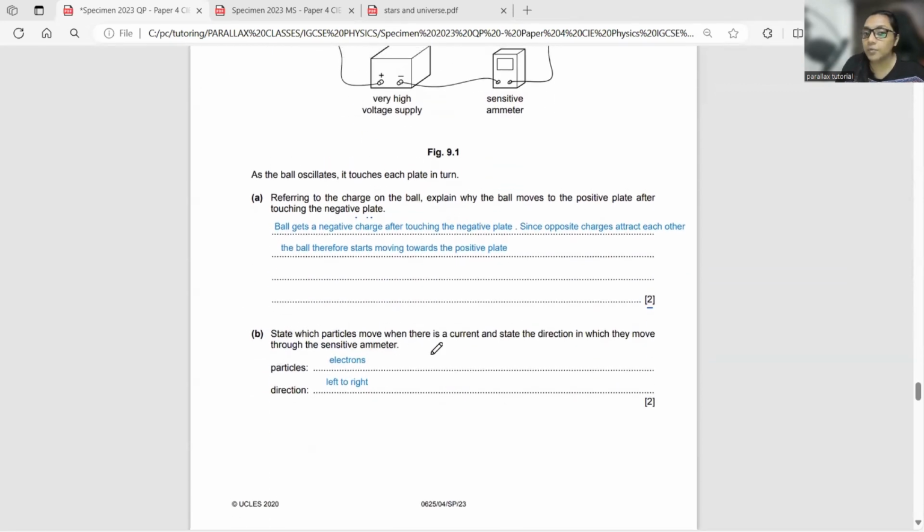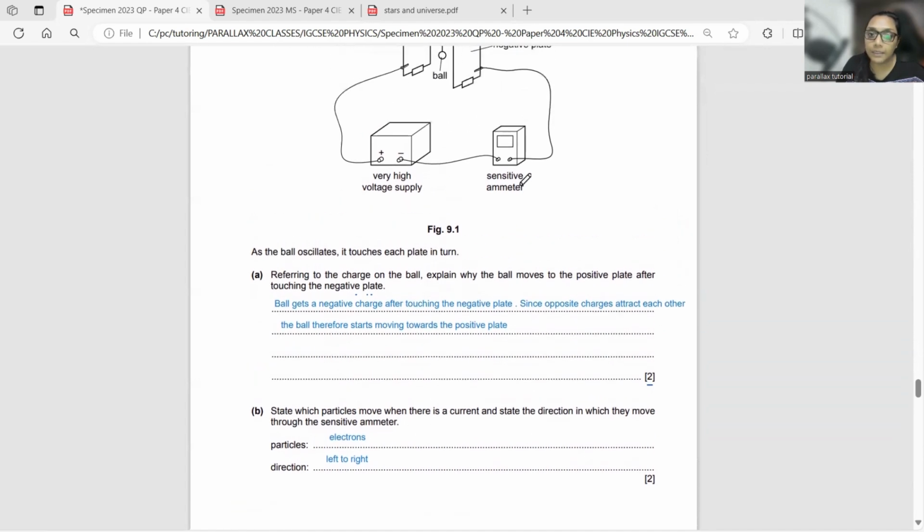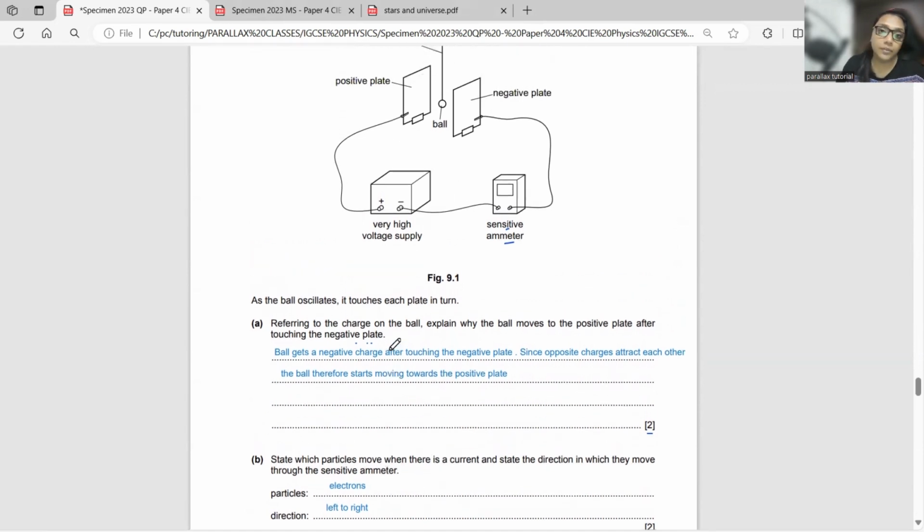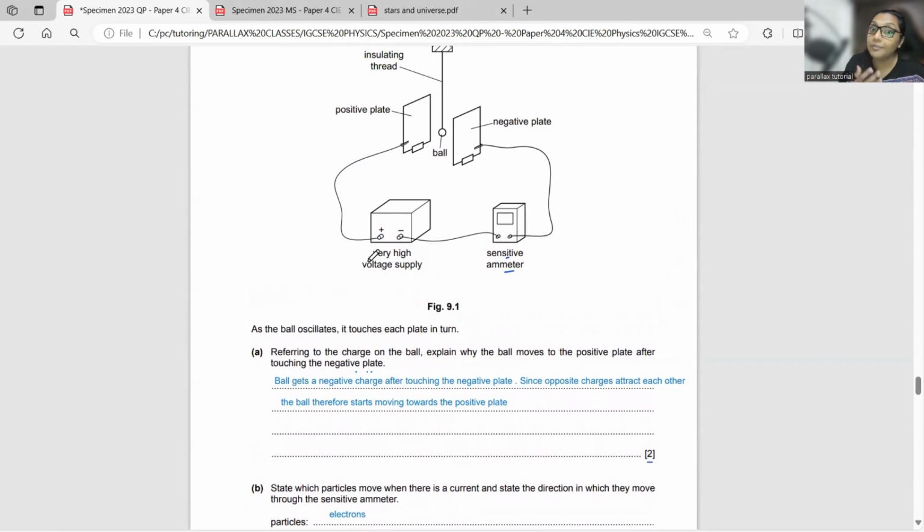State which particles move when there is a current and state the direction in which they move through the sensitive ammeter. This is the sensitive ammeter. Now, this is an easy but sometimes a tricky question, you may call it. They have asked which particles move when there is a current. The particles which are responsible for flow of current are electrons, right?